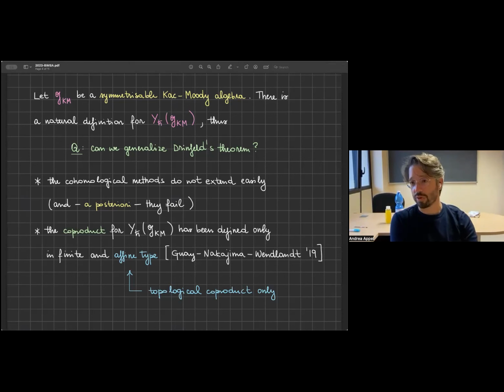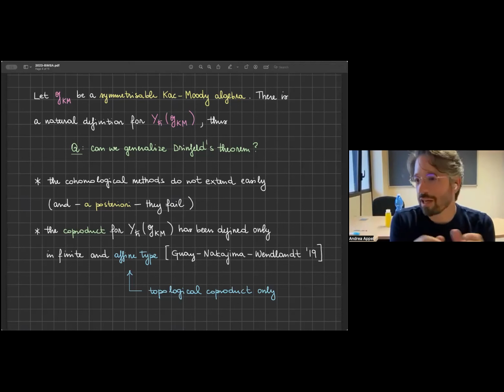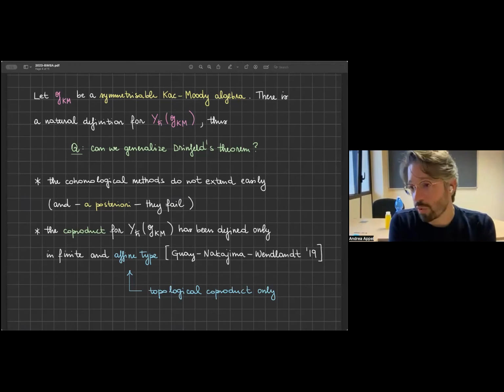They proved that there is a coproduct on the affine Yangian of SL2, but this again is not out yet. I didn't see it, so I don't know. Anyway, the point is, if we look at this affine Yangian, there is a tiny problem even at the level of the coproduct. Most important thing though is that this coproduct is topological.